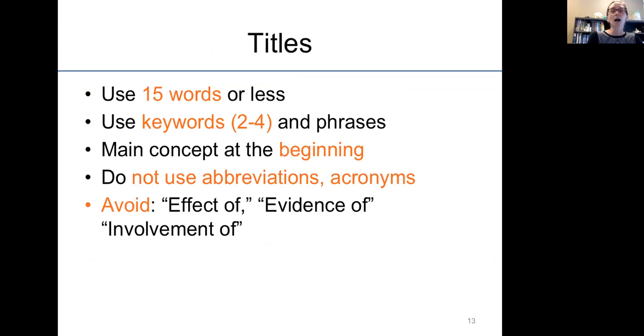Okay, so how do you use your titles to improve the visibility, accessibility, and garner interest into your paper? So there are some rules of thumb that tend to pop out over time. And so shorter titles seem to be more impactful.